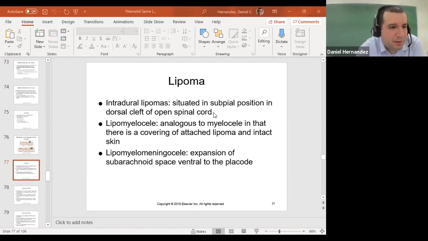Lipomyeloceles are analogous to the myelocele in that there's a covering of attached lipoma and intact skin. So it's similar to the myelocele, just that there's an attached lipoma and intact skin. Lipomyelomeningocele is an expansion of the subarachnoid space ventral to the placode.